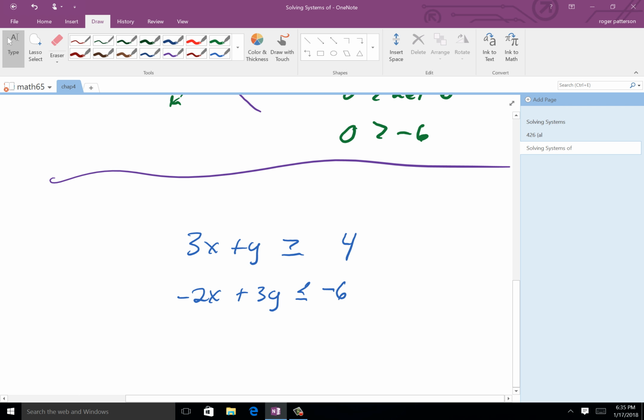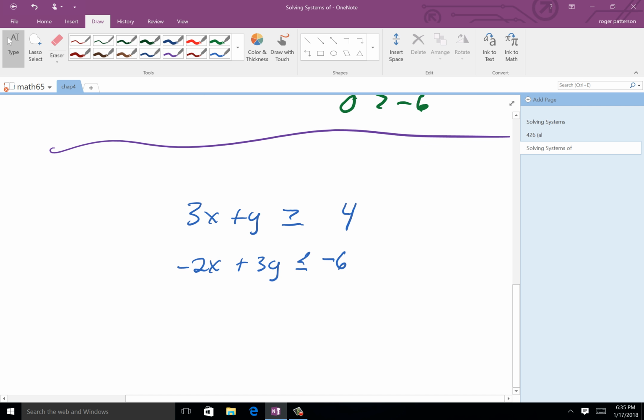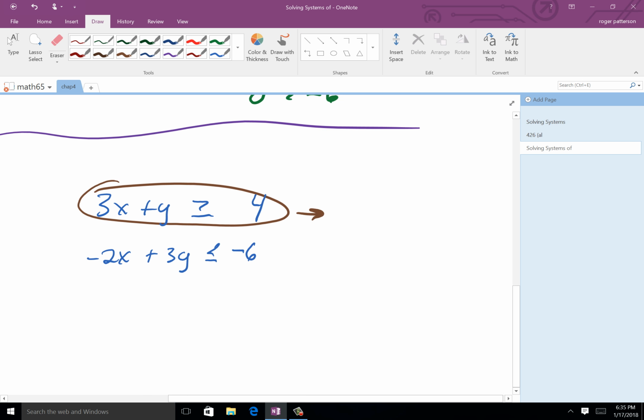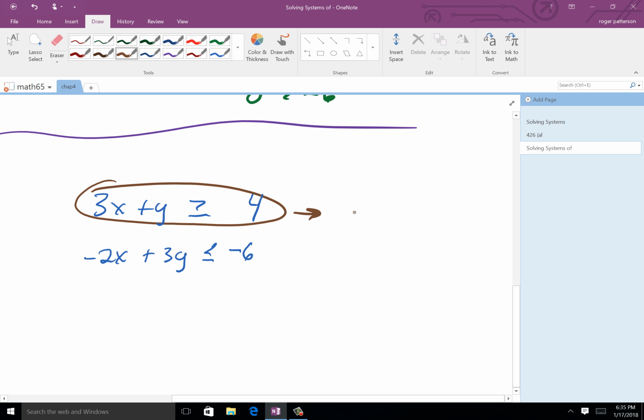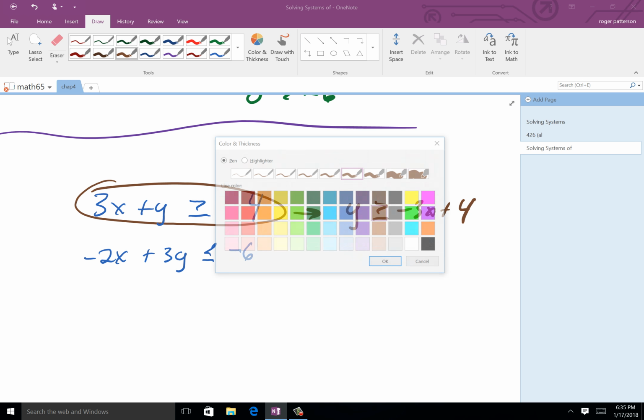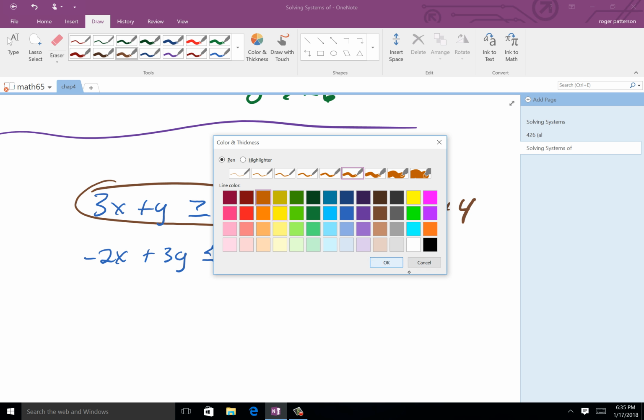So I'm going to solve them for y. I'll do this one this time, in brown. I'm going to move the x over, so we have y is greater than or equal to negative 3x plus 4. And maybe I'll do this one in orange.